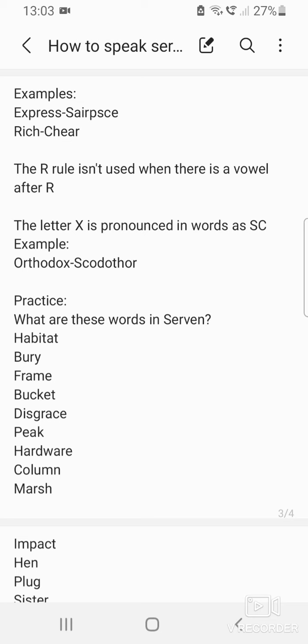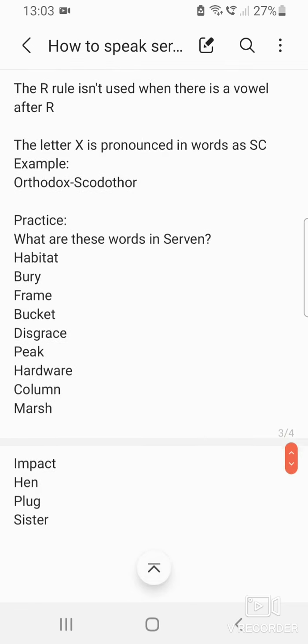If there's a vowel after the R, this is a totally made up word, it's spelled SCEREP. Usually you'd put the dash and say it as skerep, but we don't need to, because you can say it as scarep, since there's the vowel after the R. Hope that makes sense to you guys.